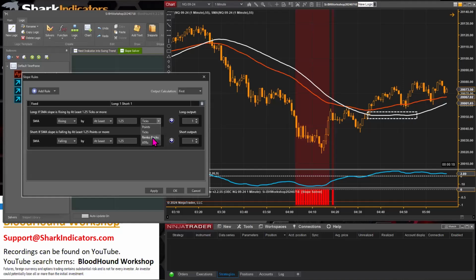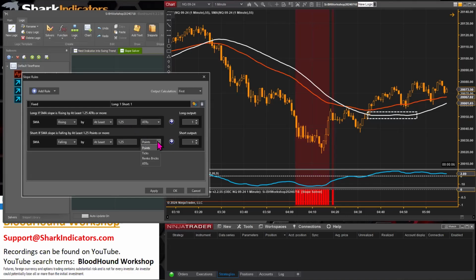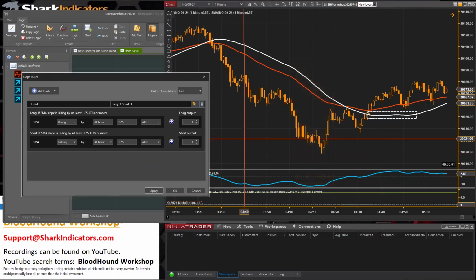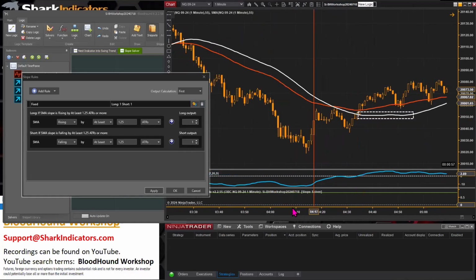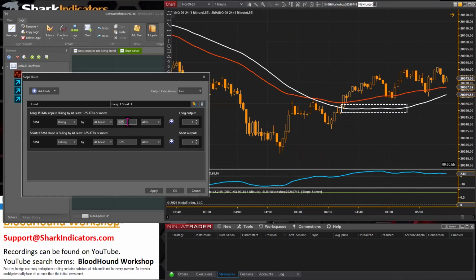nobody uses Renko bars, so I'm not going to discuss what that is here. But ATRs, once in a great while, somebody might use ATRs. Let's actually see if we do get anything here. Let's see. Yeah, that is way too much.